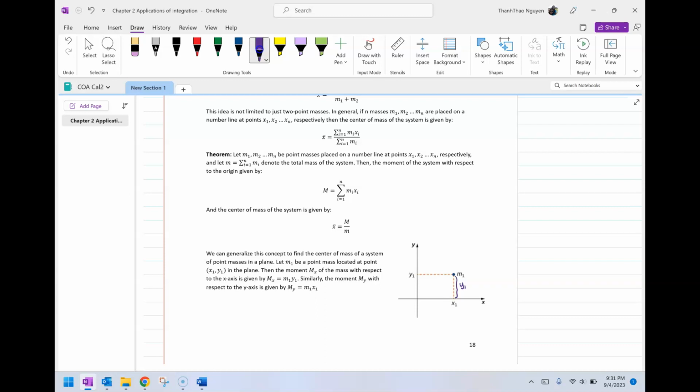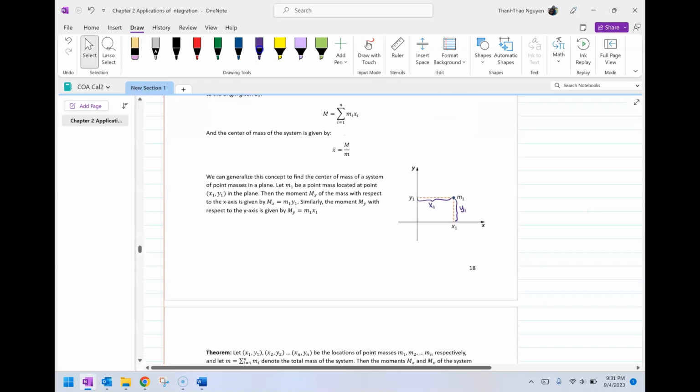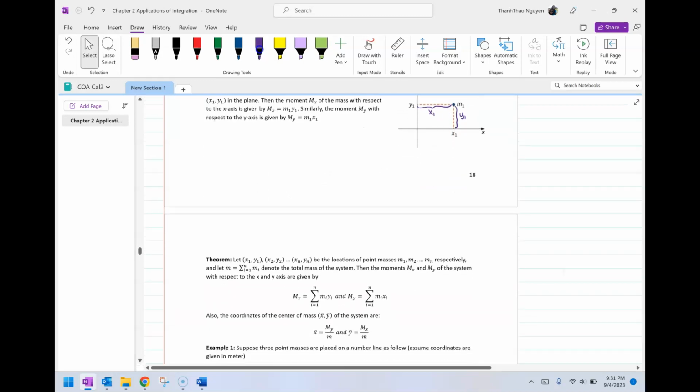Similarly, the moment m sub y with respect to the y-axis is given by m sub y equal m1 times x sub 1, again because the distance from m1 to the y-axis is x sub 1. So here we got a theorem.